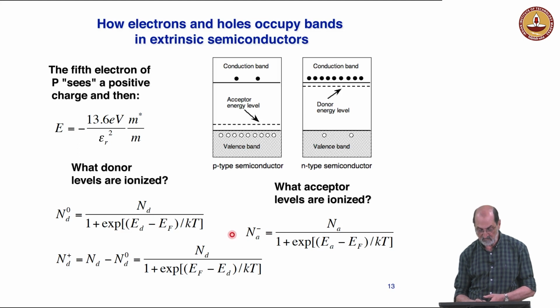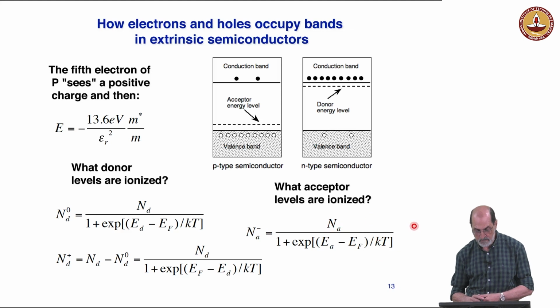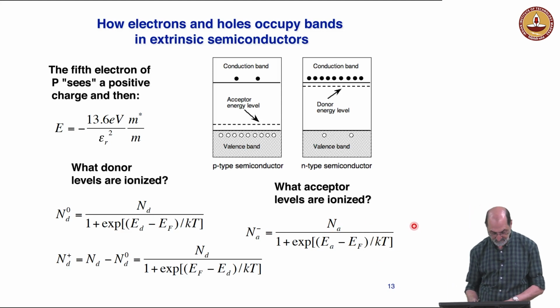This is the total number of ionized acceptor levels. It's called acceptor levels because they accept an electron. It takes the form essentially of the total number times the probability of occupancy, which is just a Fermi-Dirac function.